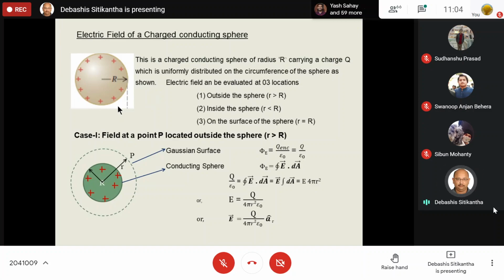Before that, let me tell you that here we will be dealing with two types of spheres. One is a charged conducting sphere, the other one is a charged isolated sphere. So basically, this charged conducting sphere is nothing but a hollow sphere, and what you have done is that you have brought some charged body and you have touched this conducting sphere.